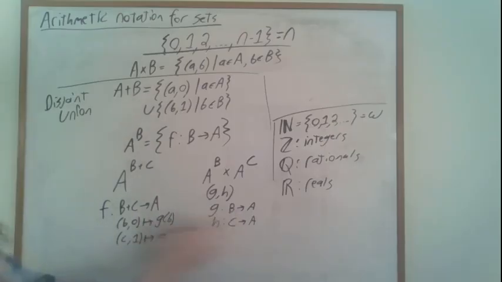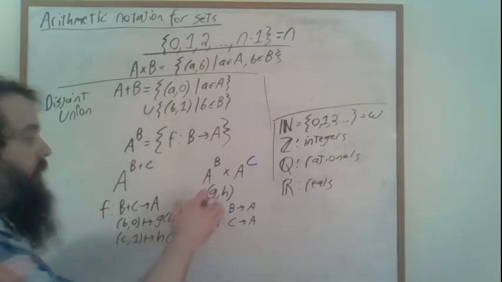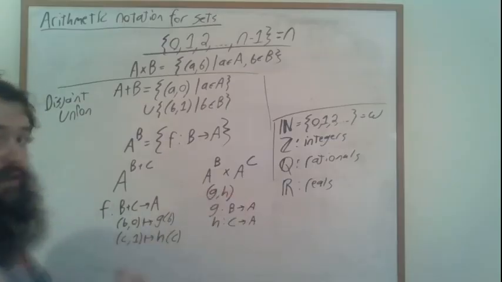Right? g takes in elements of b as input and outputs elements of a. We have an element of b, we want an element of a, and this is exactly how we can get that. And similarly, if f sees a pair of the form c comma 1, well, we have an element of c, we'd like an element of a, we have our h, so we just return h of c. And you can reverse this process to, given a particular f, construct the corresponding g and h functions.